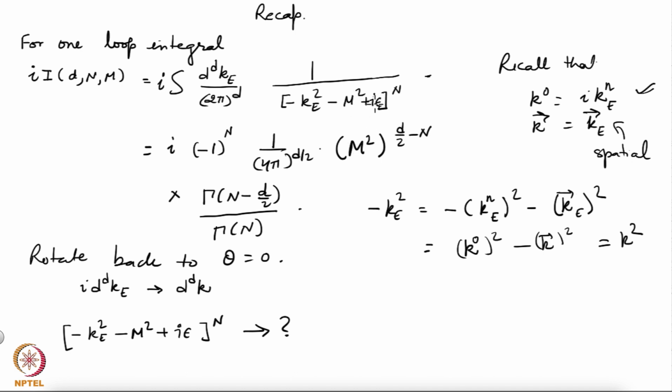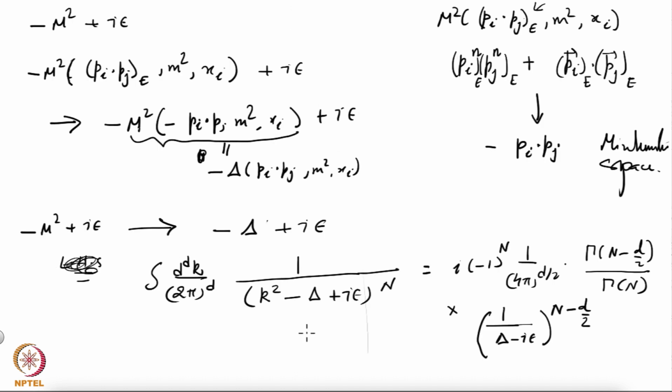If you keep that I epsilon also, then it will be minus of m square minus I epsilon. So, it is this minus m square minus I epsilon which has become delta minus I epsilon. So, this is the result. I wish I had written it more nicely, which I think I should do.